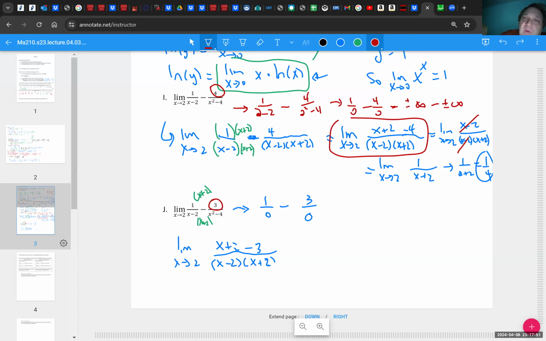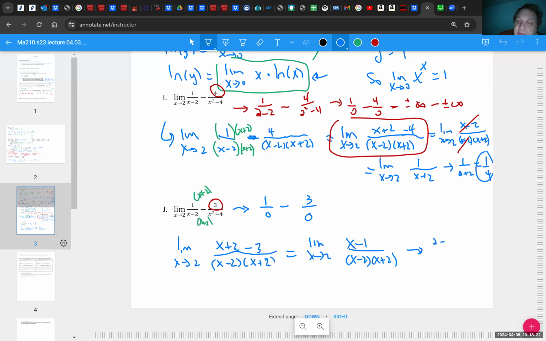Okay, so what do we get here? This becomes limit as x approaches 2, and x plus 2 minus 3 is x minus 1. And the bottom is x minus 2, x plus 2. All right, well, we don't get the nice division here. So we're going to just try plugging in 2. 2 minus 1 is 1.